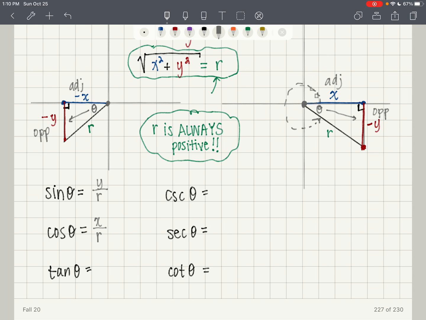And the tangent of theta is always opposite over adjacent, so that is always going to be y over x. And then the cosecant of theta is the reciprocal of sine of theta, so it's r over y. The secant of theta is r over x, and the cotangent of theta is x over y.